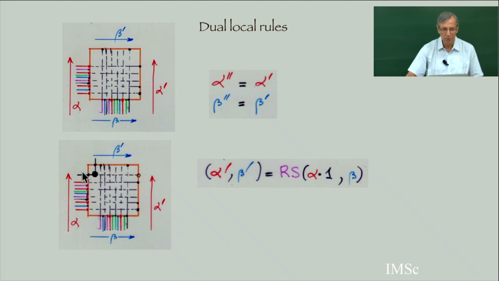The RSK product of alpha concatenated by 1, because there is a black point here, and beta. So all this line plus the black one is going to cross here. Maybe it will no longer be black here. It's going to cross all this and the color will change. So I call this alpha prime, beta prime. And then the rewriting rule is that alpha double prime, the word I get here in the local rule, is alpha prime. And beta double prime, the word I get here, will be 1 concatenated with beta prime.